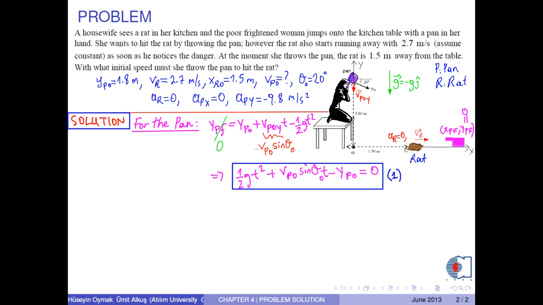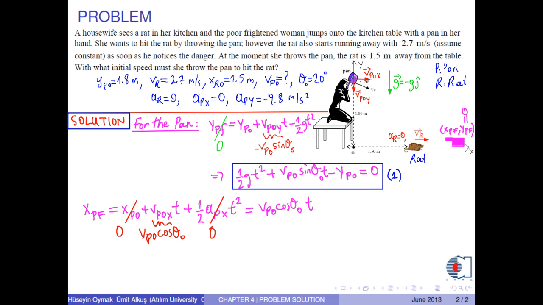Also the x component of the final position of the pan is found by this formula. Here xp0 is equal to 0 and apx is equal to 0. Also vpx0 is equal to vp0 times cosine theta 0.